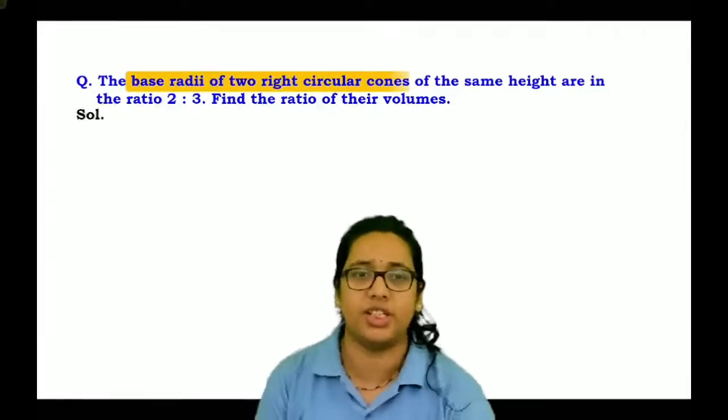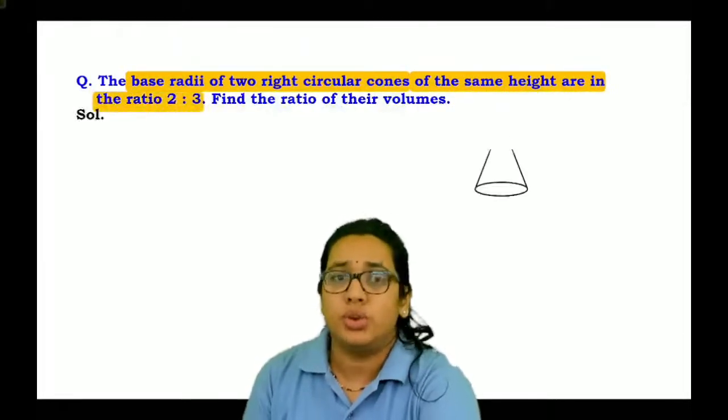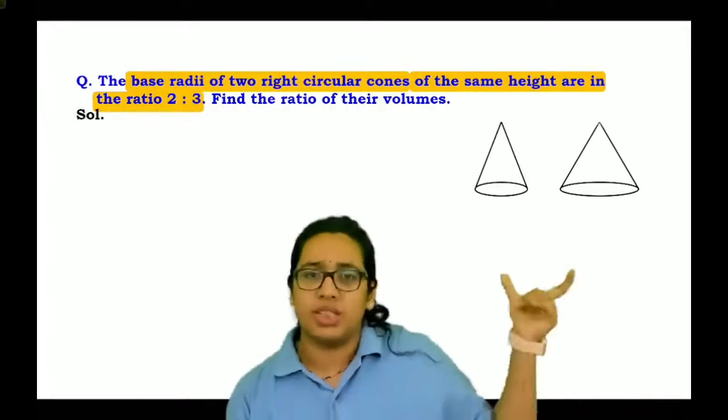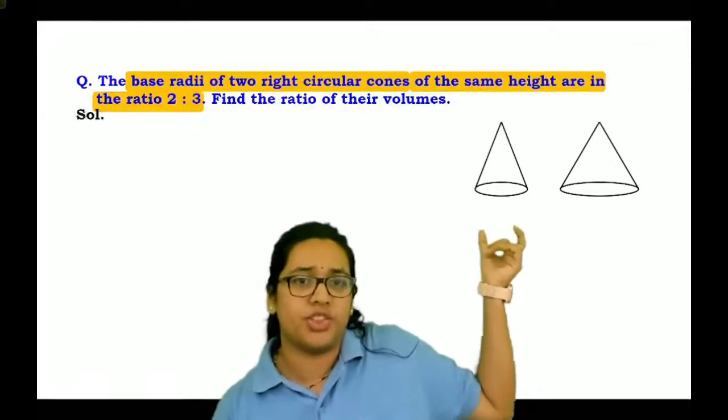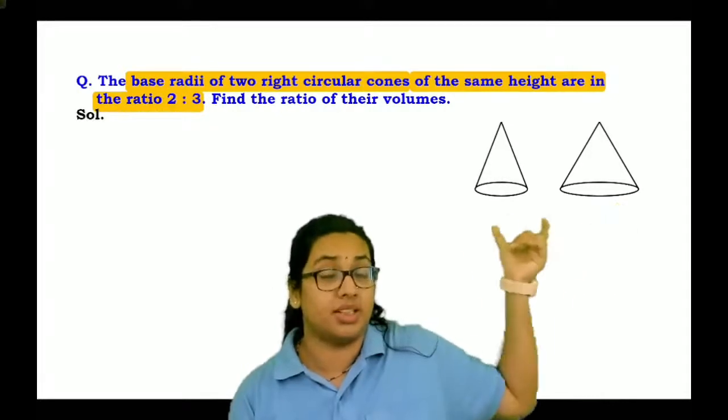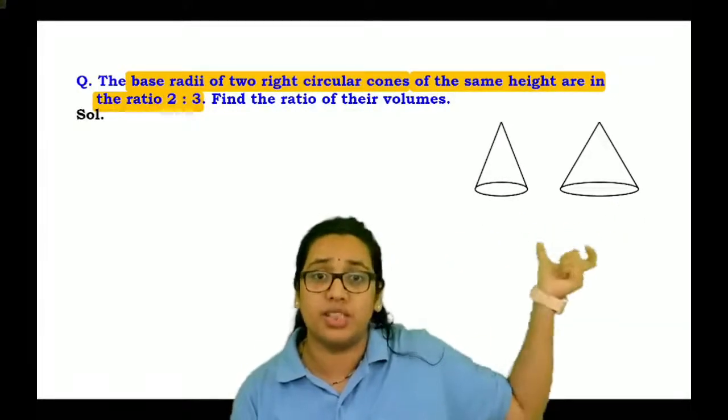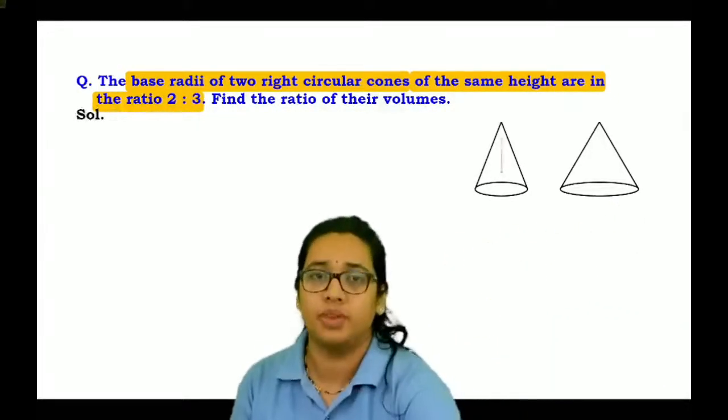Okay, let us consider. So using the given information, it will look something like this. This will be the first right circular cone, this will be the second right circular cone. What is the common thing between them?